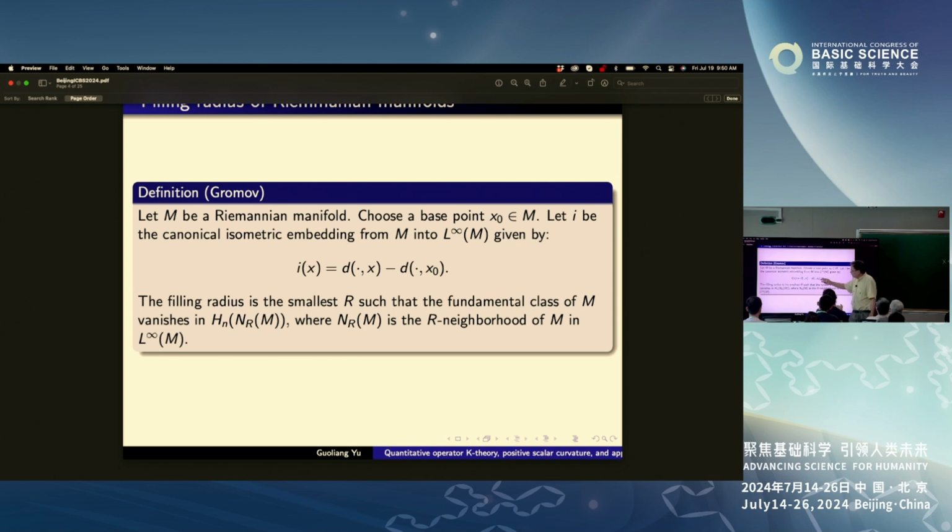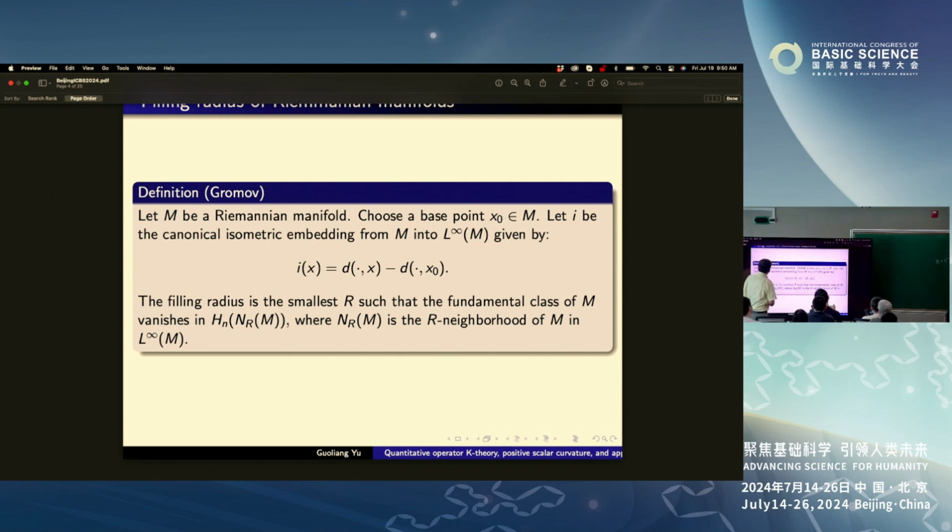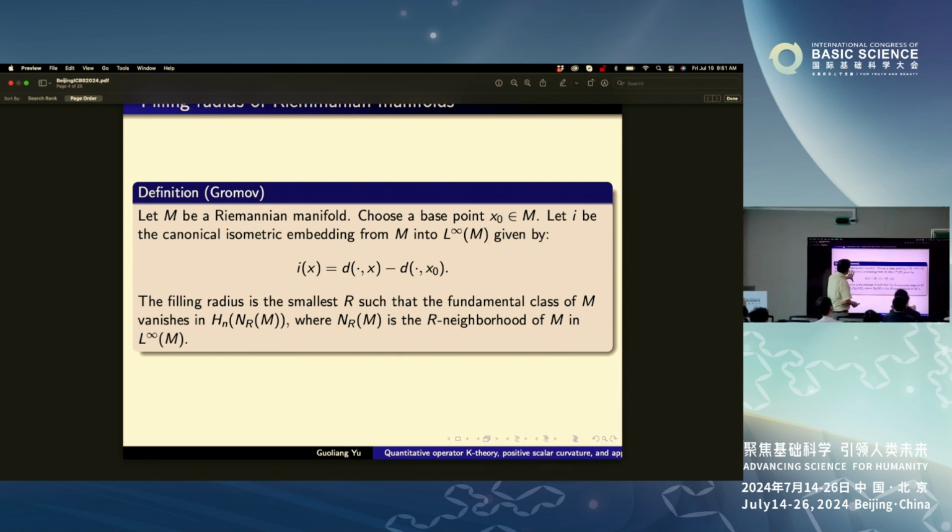Now if you embed this Riemannian manifold into this huge space, and if you fill in a little bit, and the fundamental class, let me assume this is oriented, vanishes in an r-neighborhood, then the smallest such r is called the filling radius.